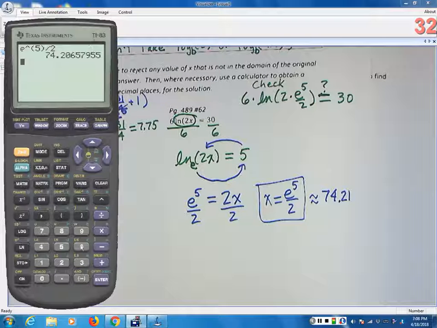So 6 times the natural log of 2 times second natural log, which is e to the 5. I have to close the parentheses and divide by 2. Close that parentheses, and does that equal 30? If you don't do the parentheses right, you're going to get the wrong answer, though. So I just checked it.